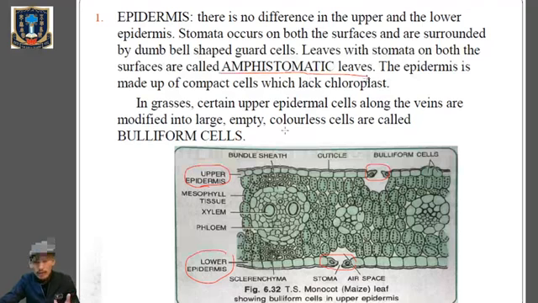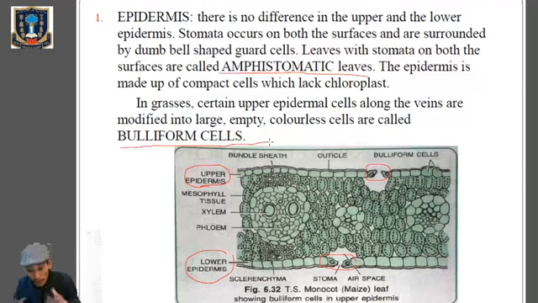Now in grasses, look very carefully, certain cells of the upper epidermis, along the veins, are modified into large, empty, colorless cells, and such cells are called bulliform cells. When these bulliform cells absorb water, they become turgid and open up, they become exposed.